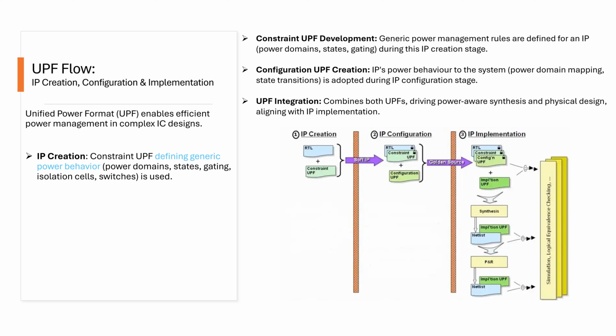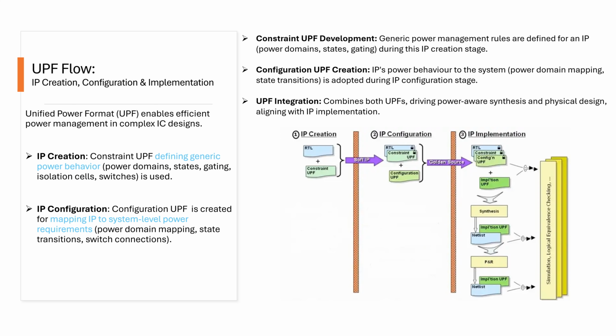As a next stage, once this microarchitecture RTL design is done and verified, you have to integrate everything, configure everything, right? Different microarchitectures talk to each other, as if they're all part of the architecture. So at this IP configuration level, we use configuration UPF, and it is created for mapping IP to system level requirements.